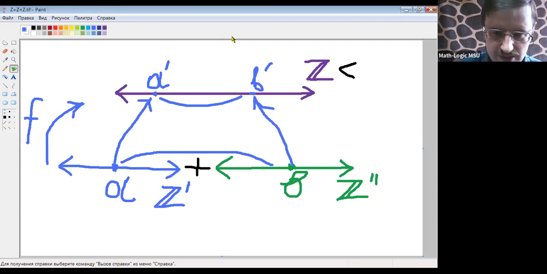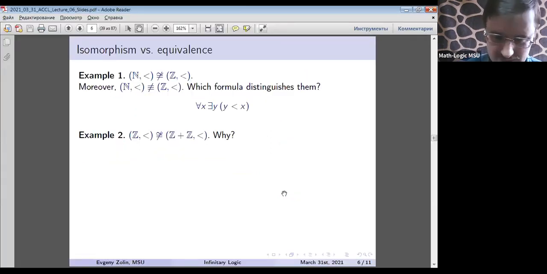The question is, do they satisfy the same sentences? In our proof, we used the following notion: there are infinitely many elements between these two. We cannot simply write this property in the first order language.